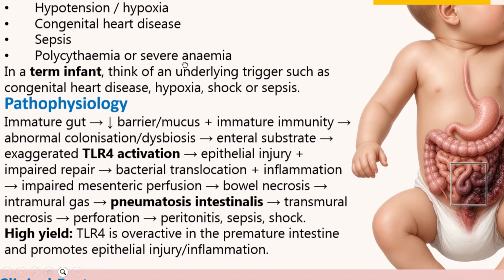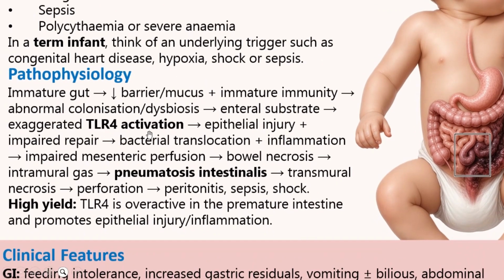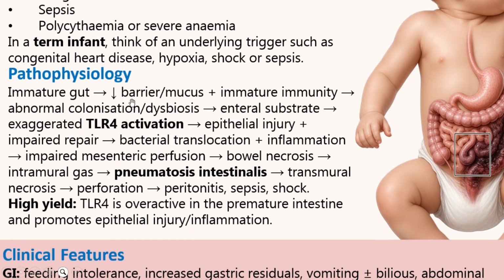So the pathophysiology in detail: we have an immature gut, and this has a decreased barrier or mucus. The mucus is low, which is the barrier to other things. We have an immature immunity, and we have an abnormal colonization or a dysbiosis. So once you have this dysbiosis, you provide an enteral substrate that can be the formula feeds, and when you provide these formula feeds, they are going to lead to the overgrowth of gram-negative bacteria.